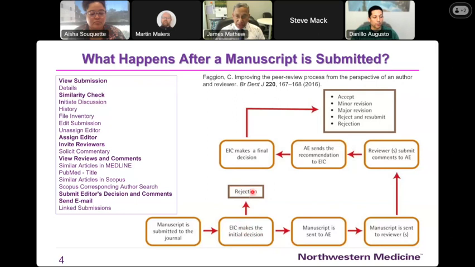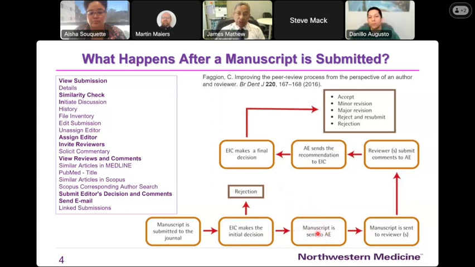Then, if the manuscript is suitable for the journal, the editor-in-chief assigns it to an associate editor, who again goes through the manuscript a little bit more thoroughly, and then the associate editor can also reject the manuscript in most journals, like Human Immunology, where I am involved.